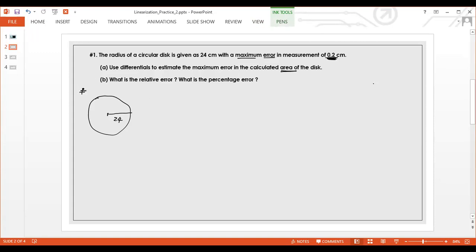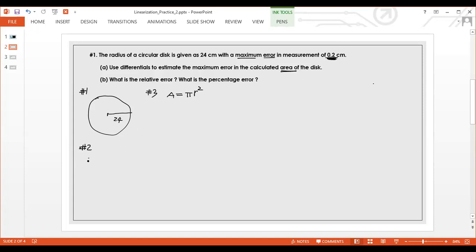All right, so here, let's take a look. What we're looking for is A, which is equal to what? Pi r squared, right? All right, so then here is the information, let's put it in step number 2. The maximum error is 0.2, right?